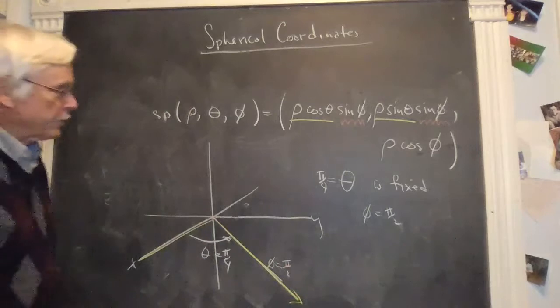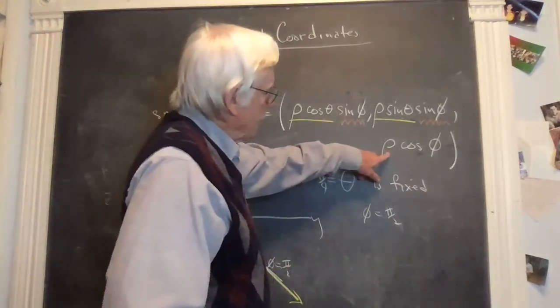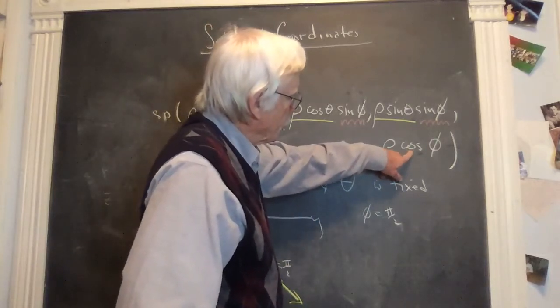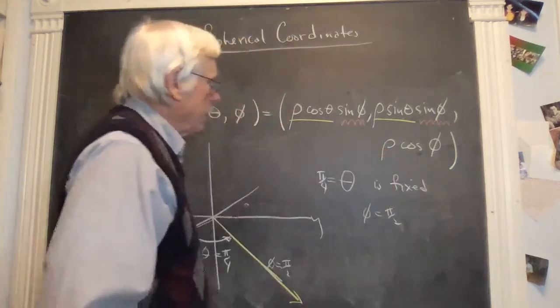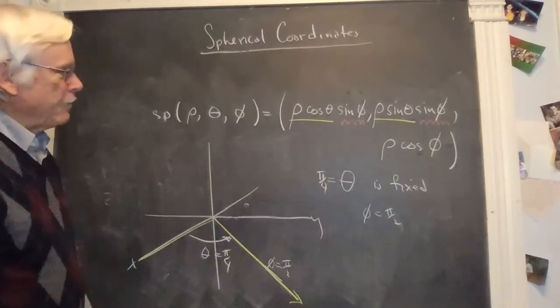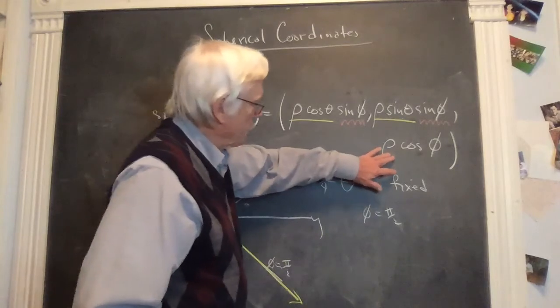What else do you get? Well, by adjusting phi, you can get any number for cosine between plus and minus 1. So times rho will be any values between minus infinity and plus infinity.